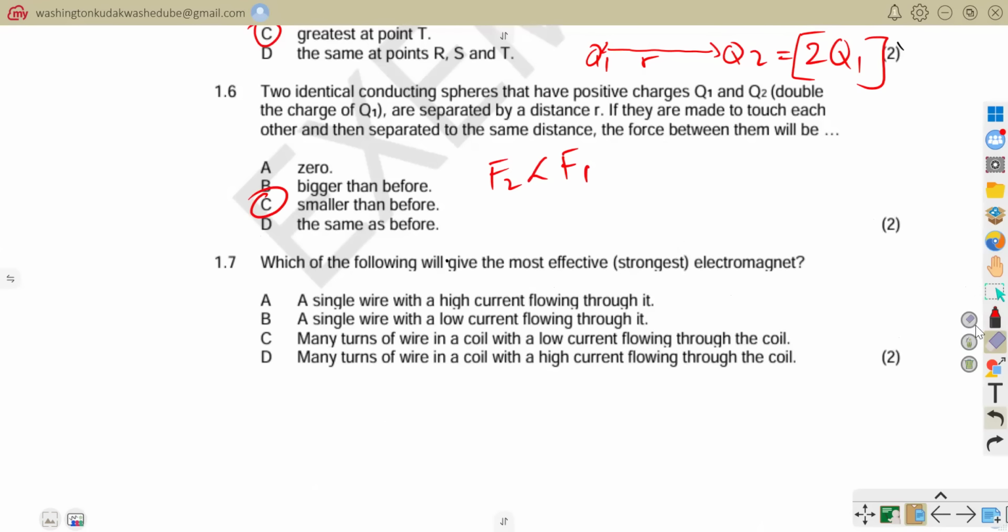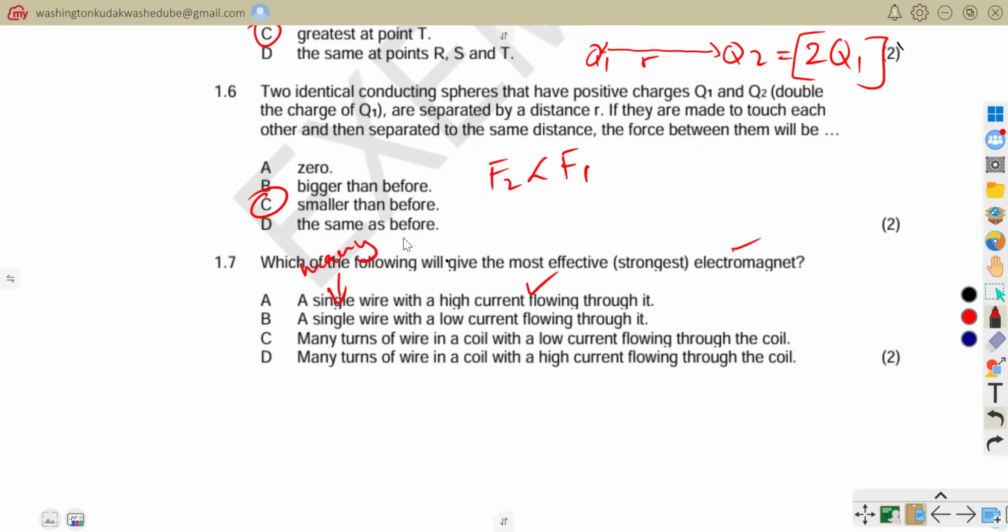Let's go to question number 1.7. Question number 1.7 is saying, which of the following will give the most effective, strongest electromagnet? Is it a single wire with a high current flowing through it? Yes, we need to have a high current flowing through it, but we need to have many wires or else many turns.